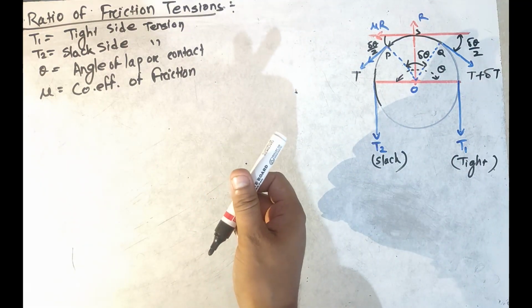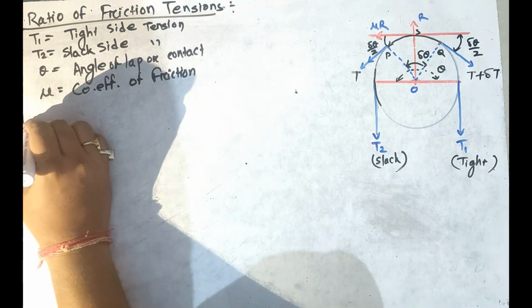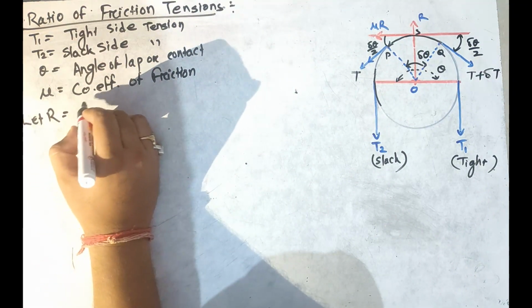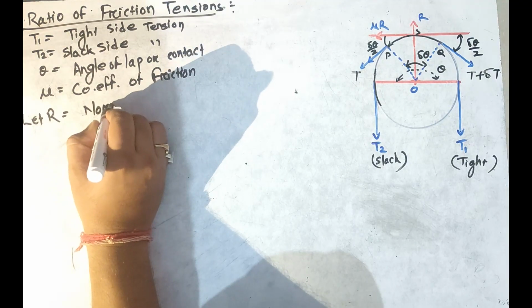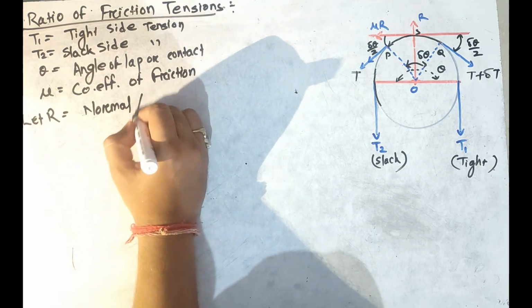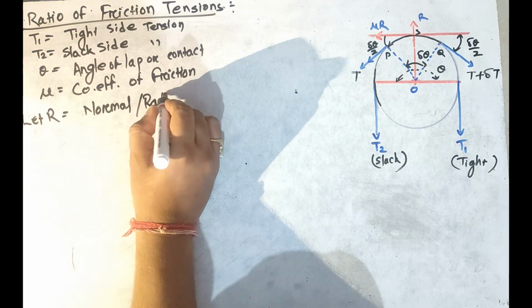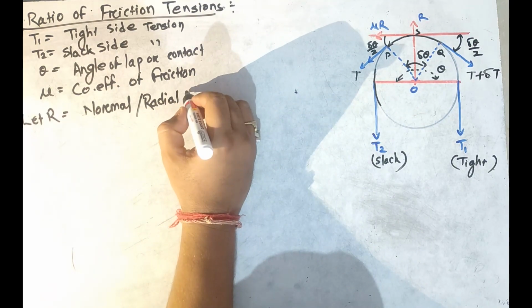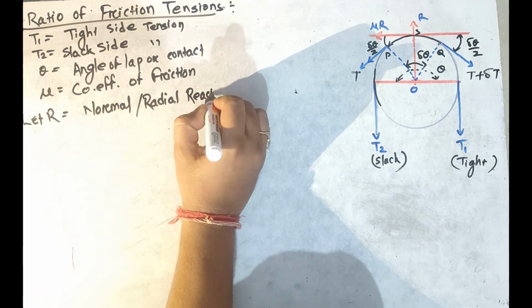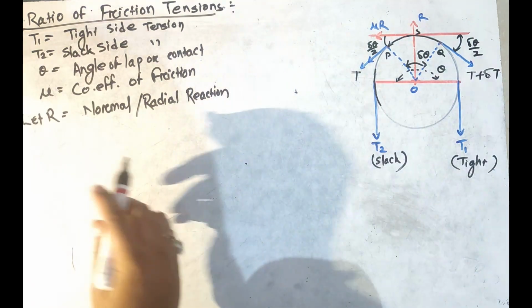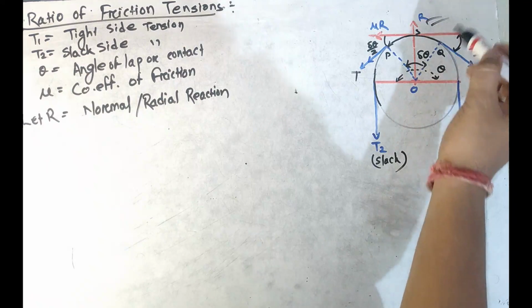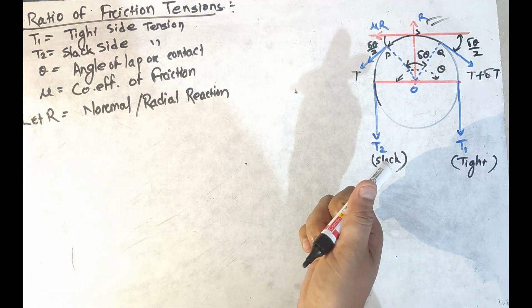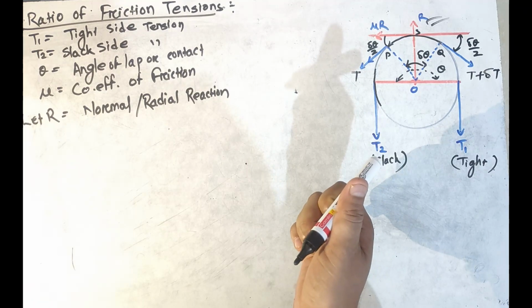So let R be the normal or radial reaction, that is this one. This is the normal reaction because of the contact between the belt and the pulley.